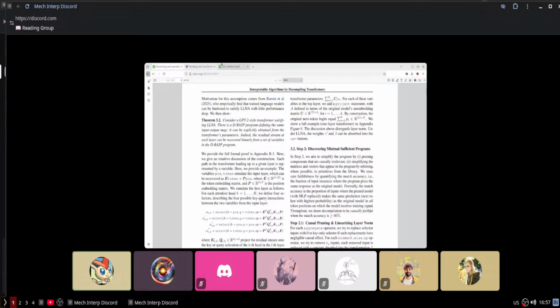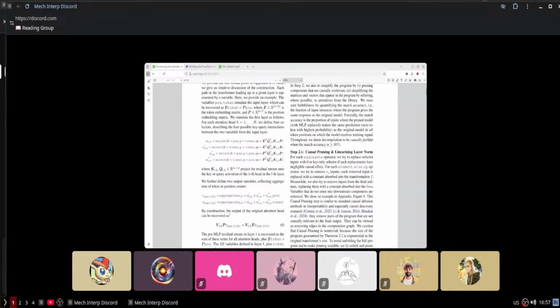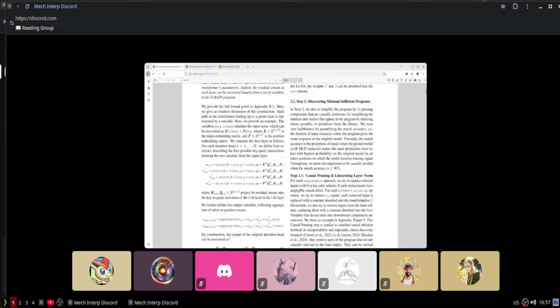But okay. You could also probably just consider it part of the MLP or something. That's already a part of an arbitrary function, but yeah.